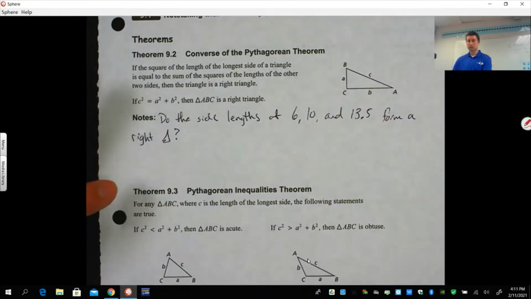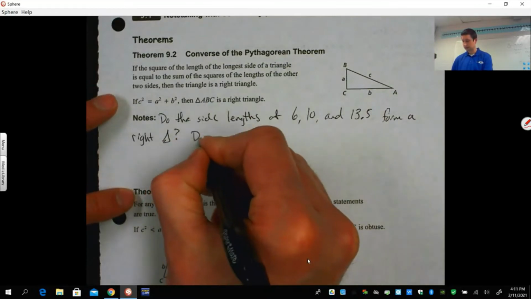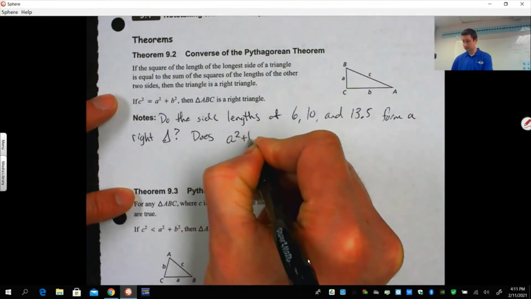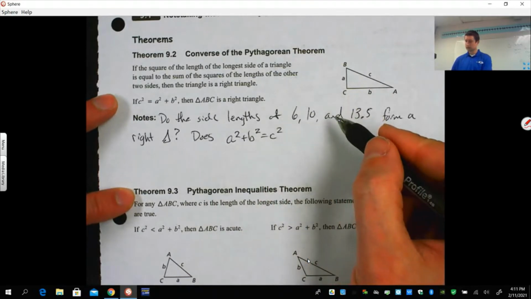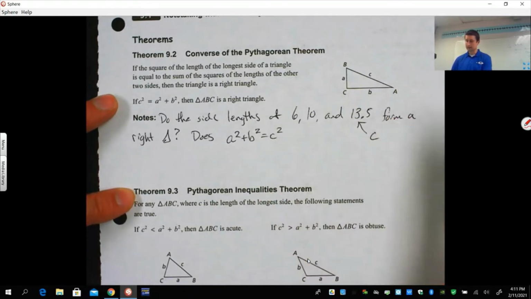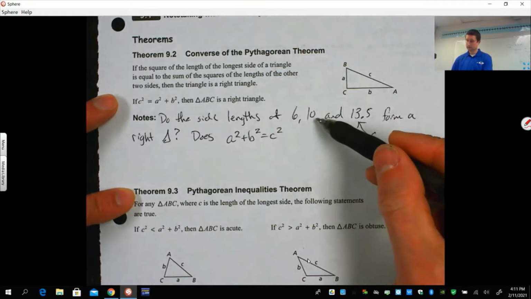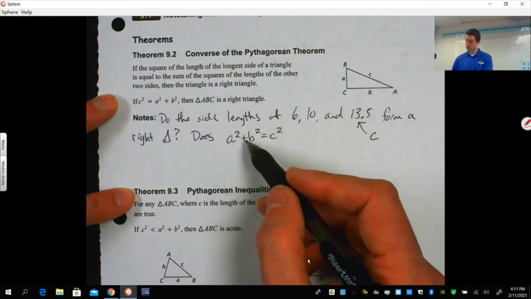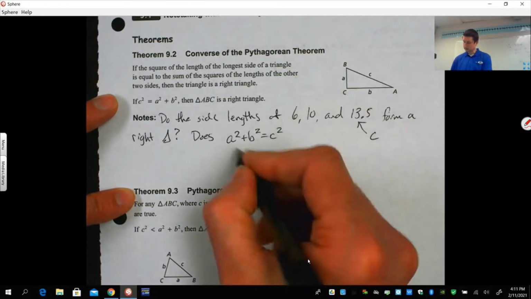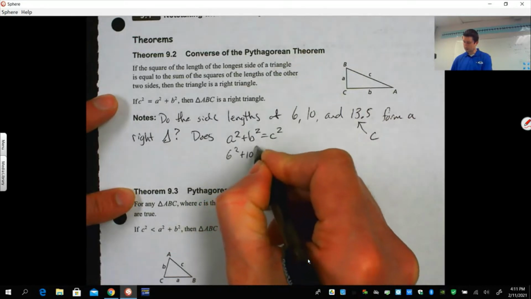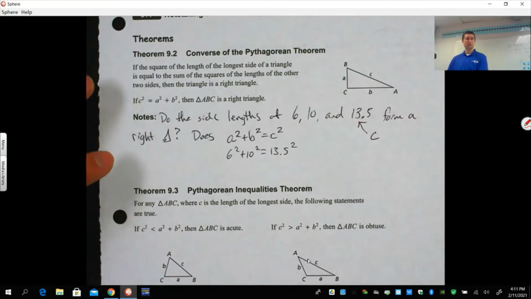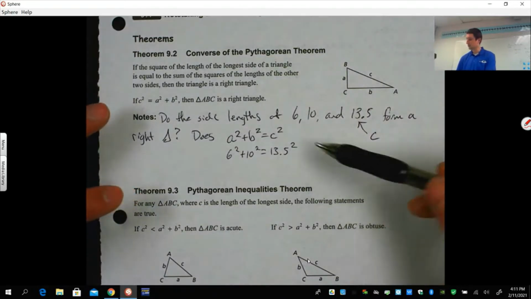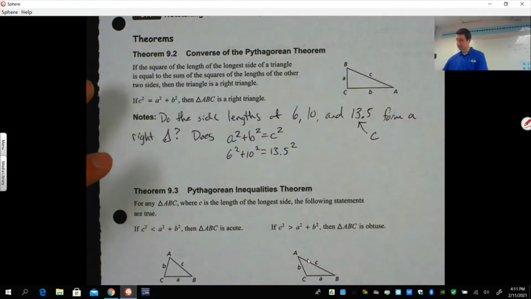What we do in this case is we ask, does a squared plus b squared equal c squared? c has to be the longest side, so this has to be c. A and b can be either one of these. So does 6 squared plus 10 squared equal 13.5 squared? We should be able to recognize, hey, 13.5 squared is going to be a decimal. It's not going to be working out too well.